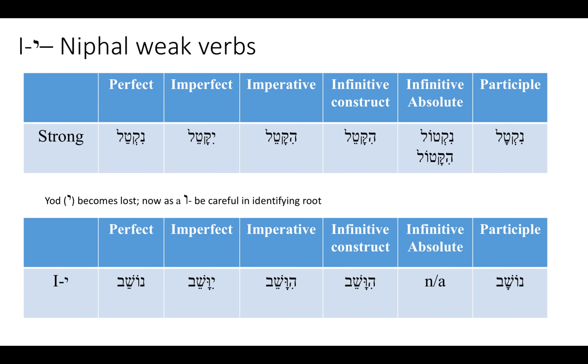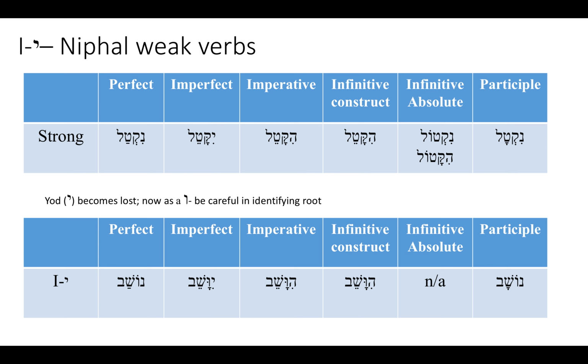Then with the first yod Niphal weak verbs, these can be tricky because the first yod often becomes lost, and the first yod verbs were originally first vav verbs, so in these forms that vav comes back.